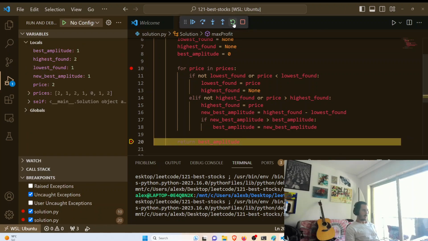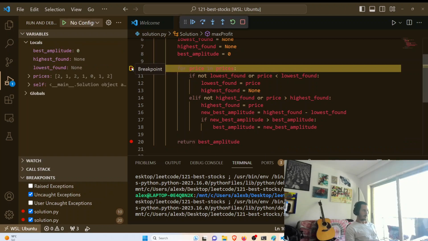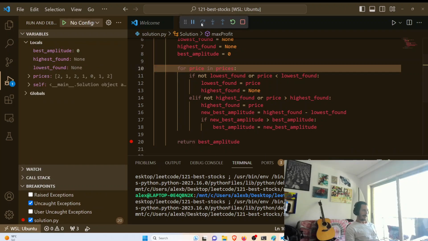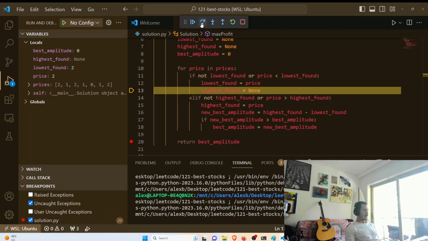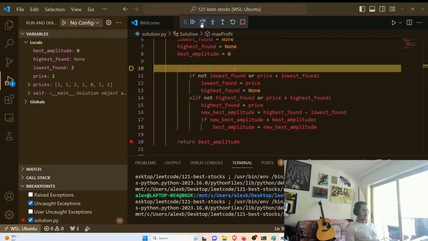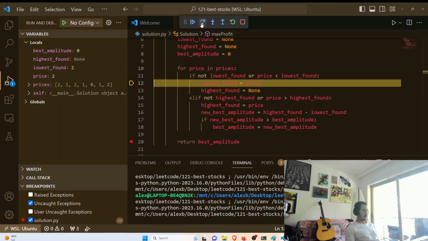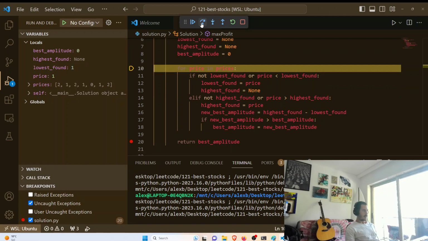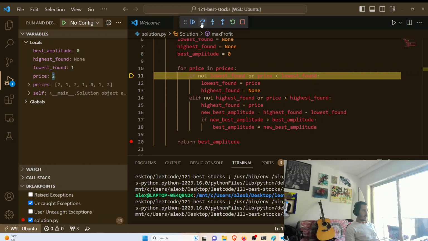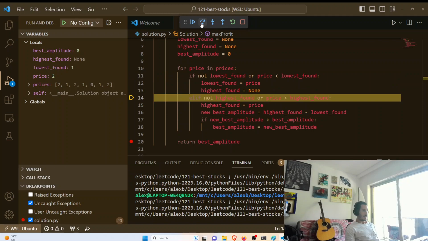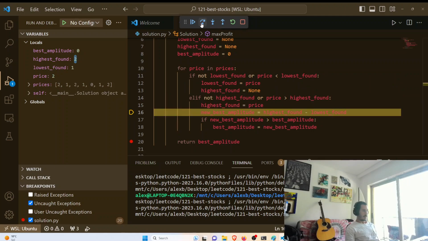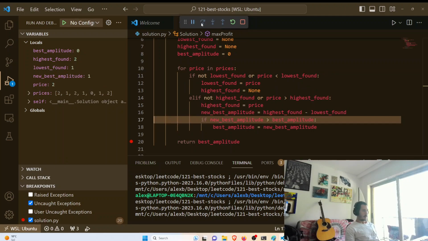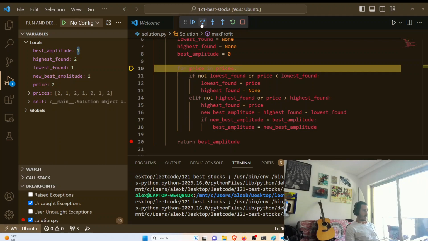Why is this 1? So price is 2. Lowest found is 2. Now price is 1. Lowest found is 1. Now price is 2. Now it's the highest found. That becomes 2. And now the best amplitude is 1.